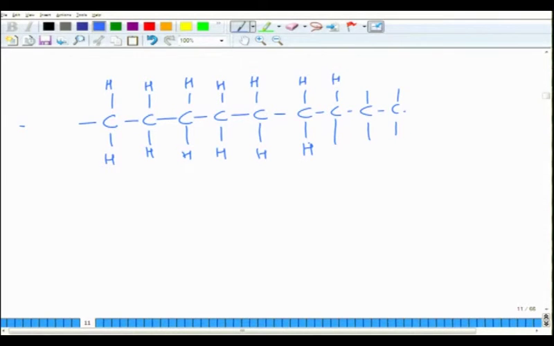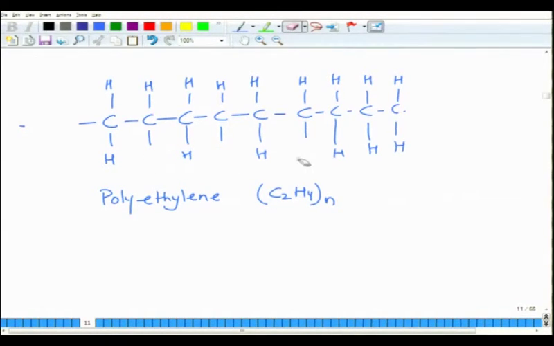So this is polyethylene, which is nothing but C2H4 n. Now, if I replace some of these hydrogens with, let us say, chlorine here, then my basic unit is this.